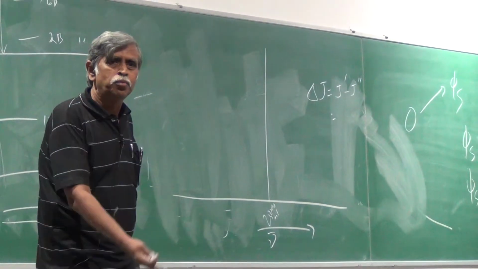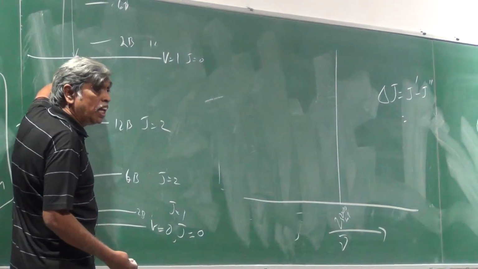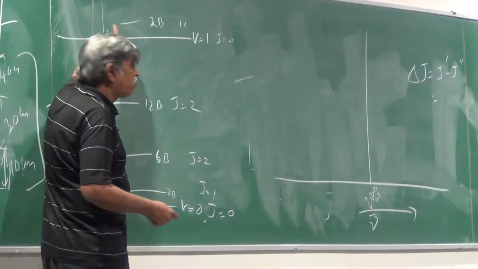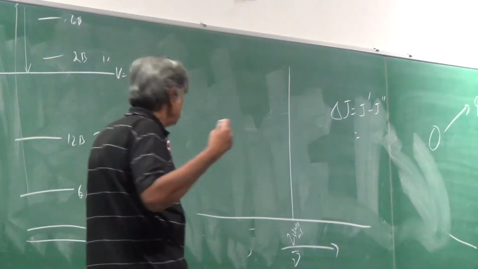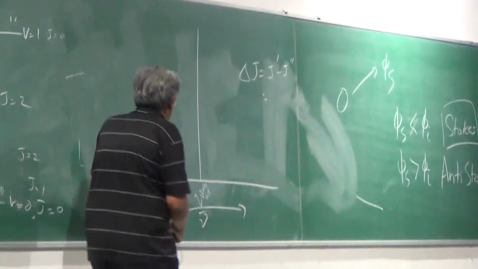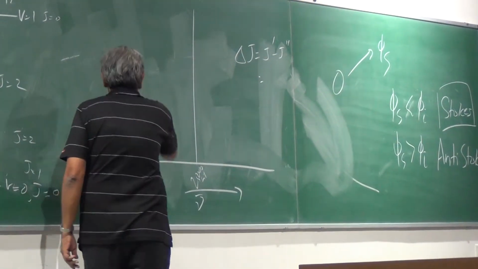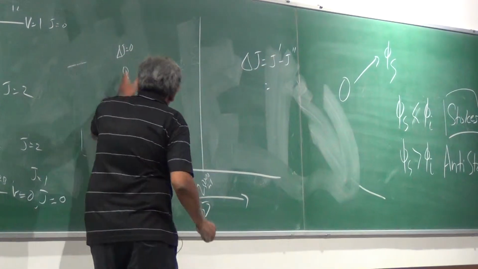Has to be lower frequency because I am losing this amount of energy. And therefore the scattered radiation has to have an energy that is less than the incident radiation. And by how much? By this difference. And that difference I'm going to say is, let's say, 2,000 wave numbers. It just doesn't matter what the number is. But if it's less, it's got to come somewhere over here, and therefore I will see the Q branch, which is delta J equal to 0, coming right here.